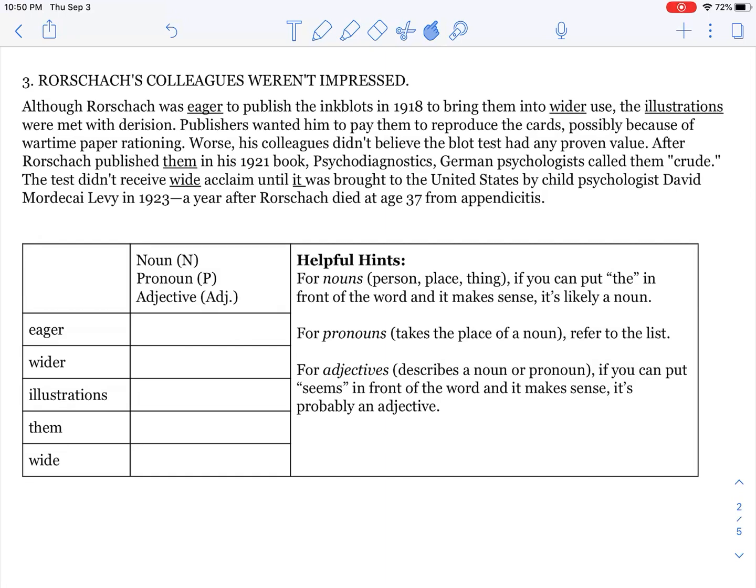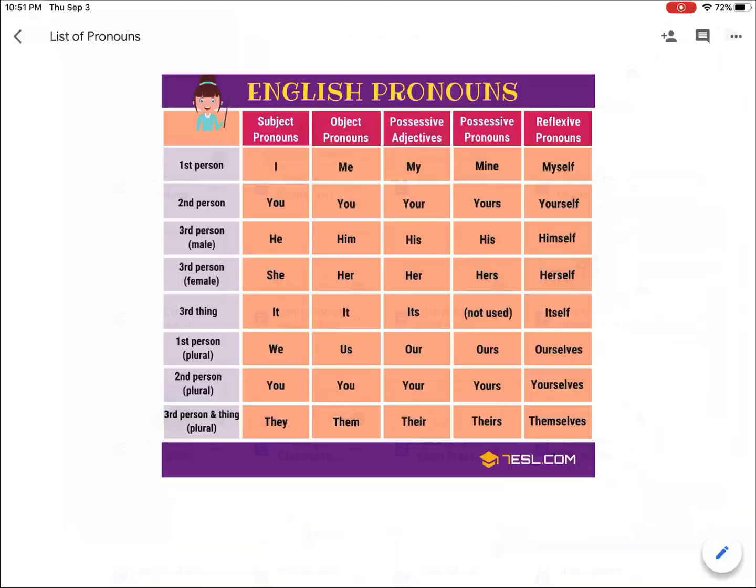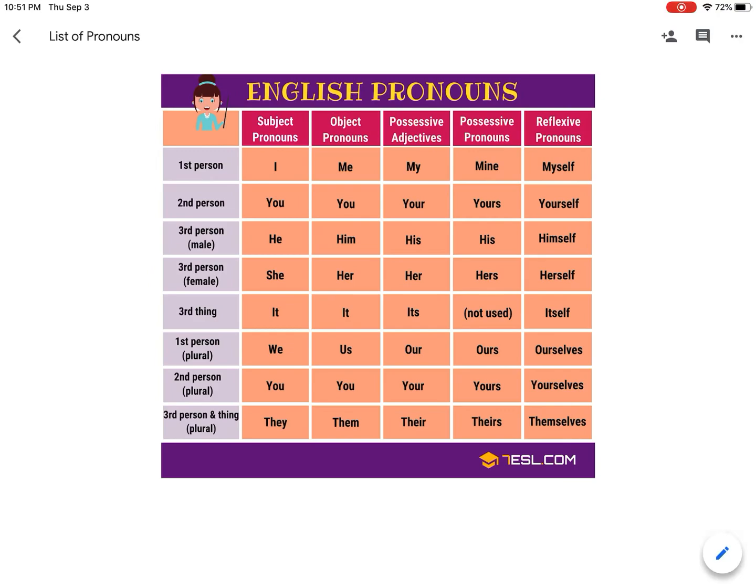One more. Rorschach's colleagues were not impressed. Although Rorschach was eager to publish the inkblots in 1918 to bring them into wider use, the illustrations were met with derision. So let's take a look at that. Is it the eager? Is eager on this list?